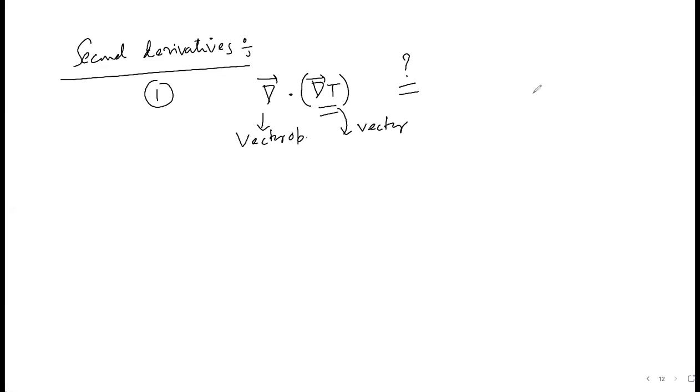Of course it will be a scalar, but we will see shortly. You can write in the chat box too, if you're not able to speak properly. Sir, it will be del square T upon del X square plus del square T upon del Y square plus del square T upon del Z square. Yeah, that will be very much like it.